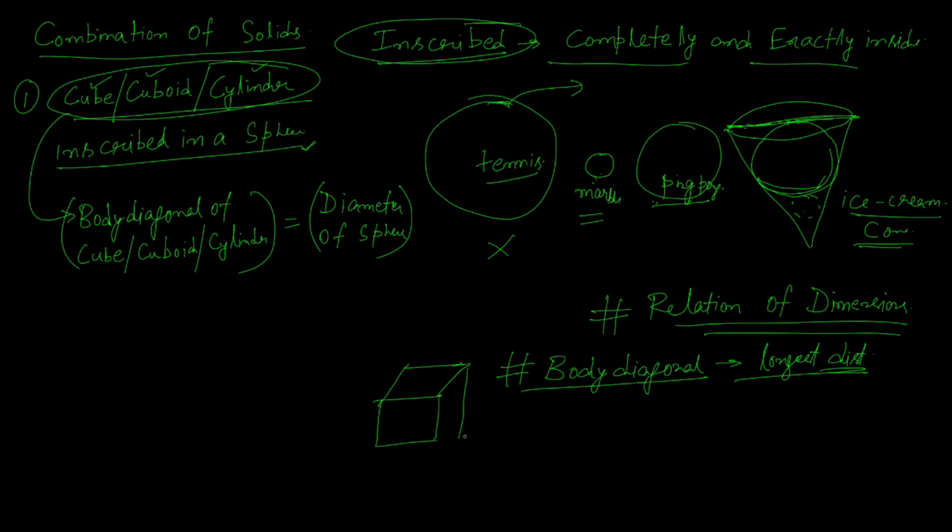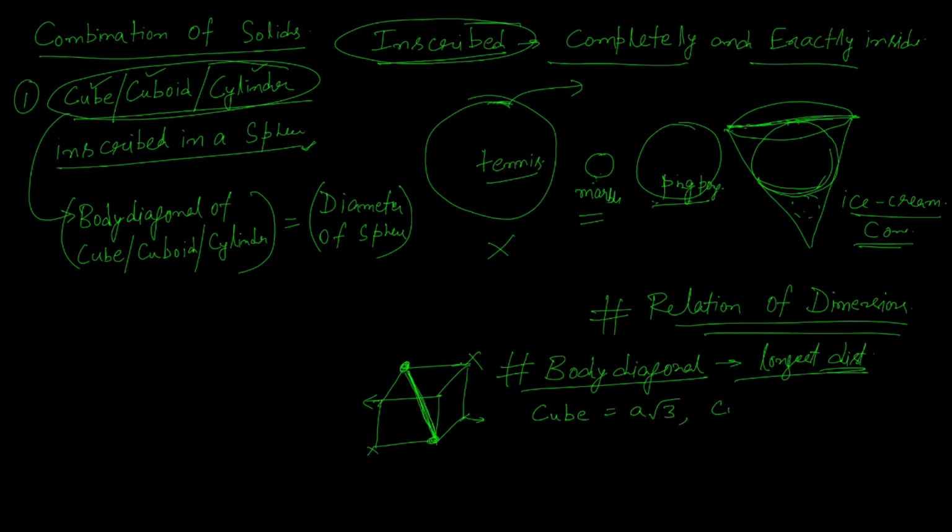If you see in this cuboid or cube, this point and this point, or this point and this point, the distance between any of them, that is the body diagonal, and they will all be equal.